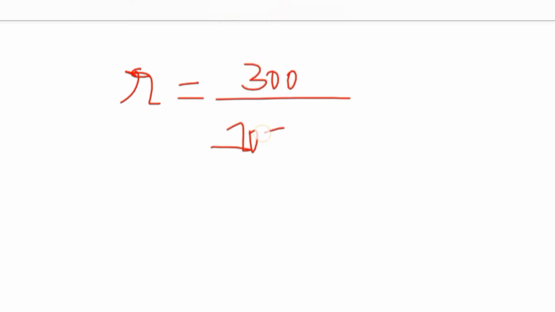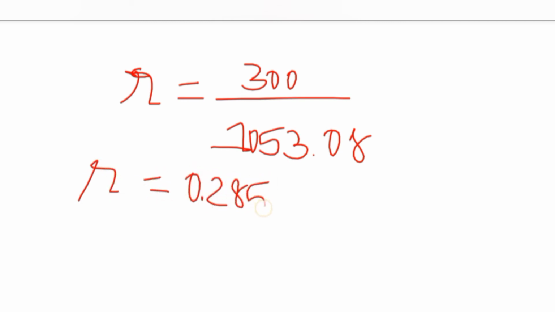So R will be equal to 300 divided by 1053.08, and on solving this we get R is equal to 0.285 meter, that is 28.5 centimeter.